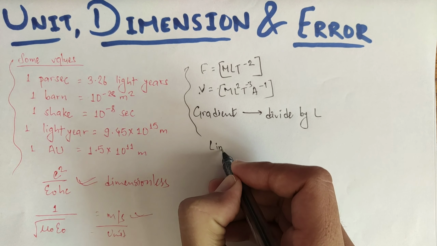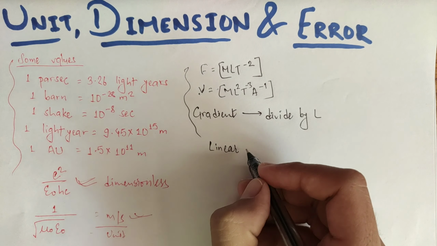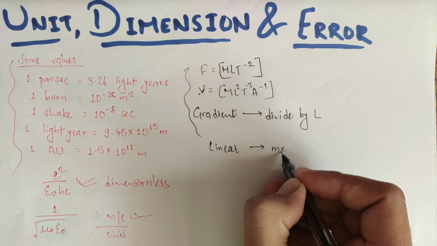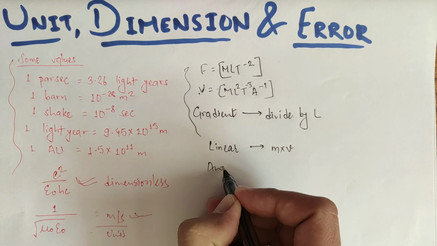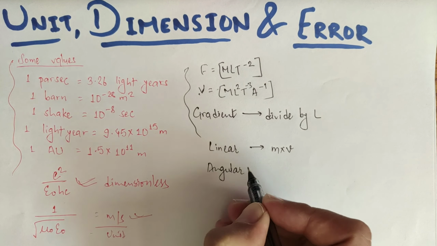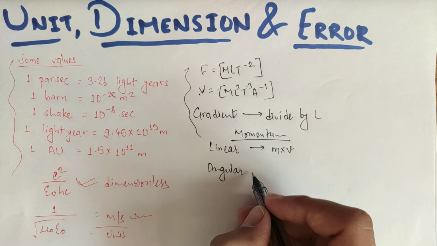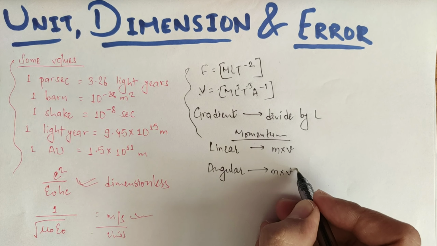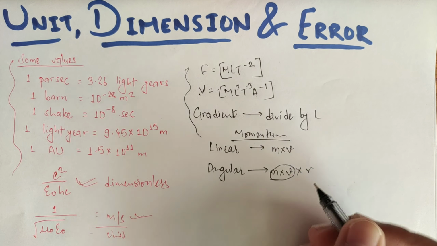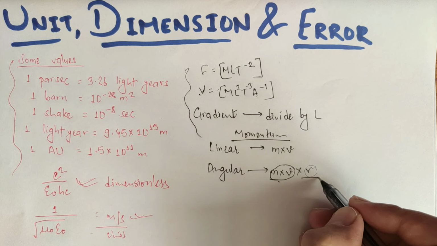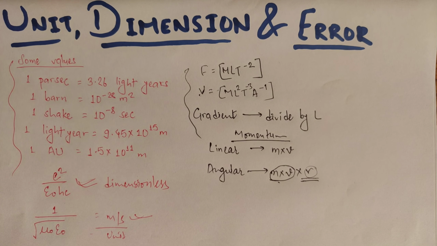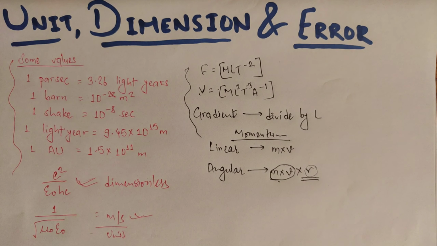Linear and angular momentum: linear momentum is mass into velocity, and angular momentum is linear momentum into R. From this you can find dimensions.